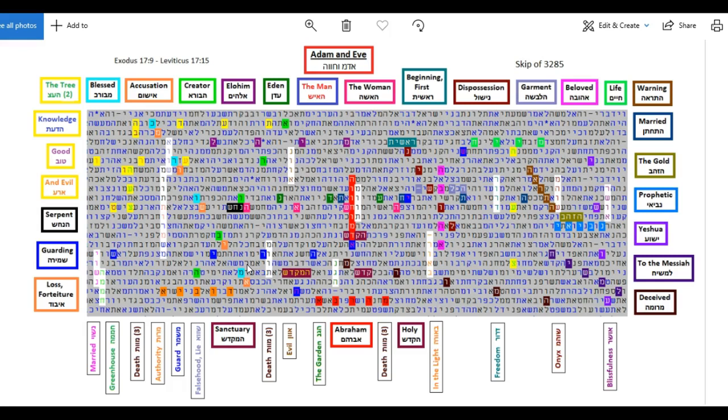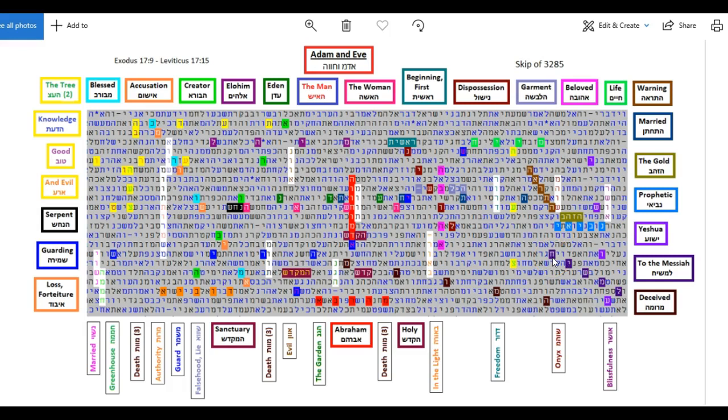So after the resulting curses were placed on the serpent and on Adam and Eve, Yahuwah gave a prophetic promise. And prophetic is in the blue here. And so that promise was looking forward to the Messiah. And here we have to the Messiah, the Mashiach.